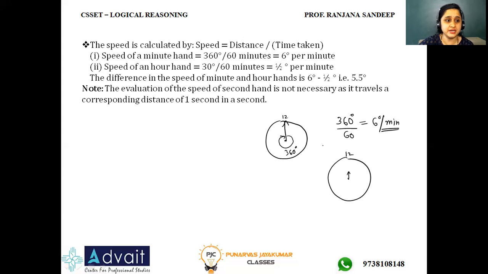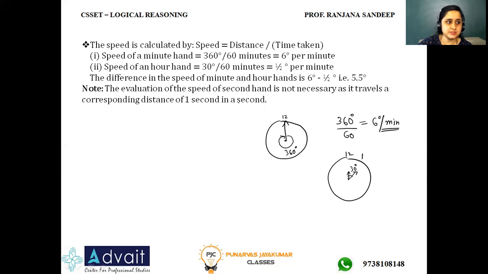But what about the hour hand? After 60 minutes, what will be the position of the hour hand? It will be at 1. So tell me, what is the angle covered by the hour hand in 60 minutes? It is 30 degrees. So the speed of an hour hand is 30 degrees divided by 60 minutes, that is half a degree per minute.